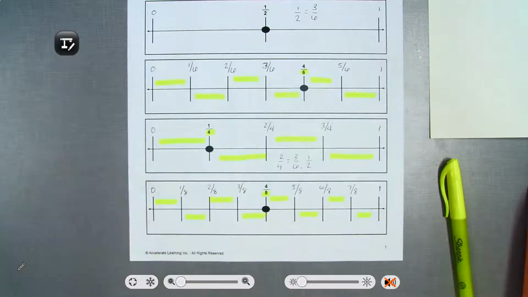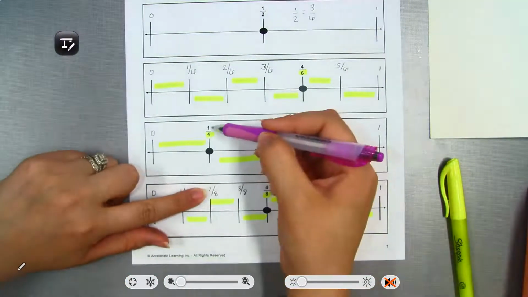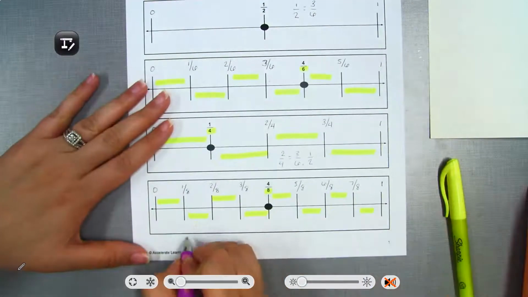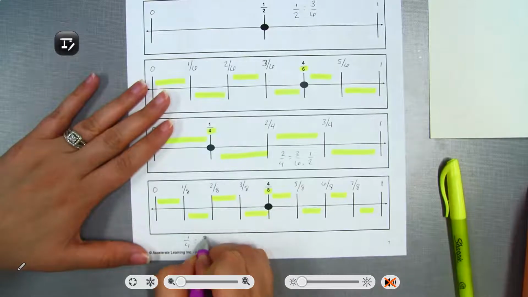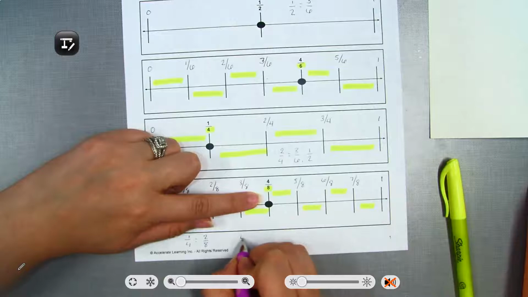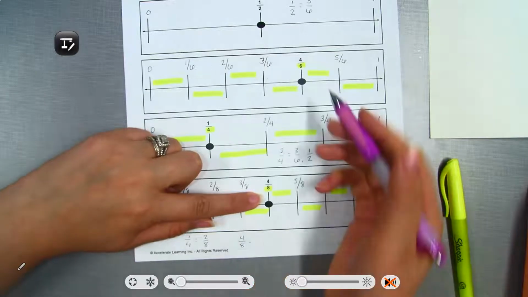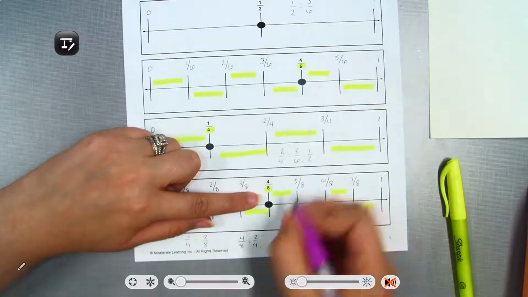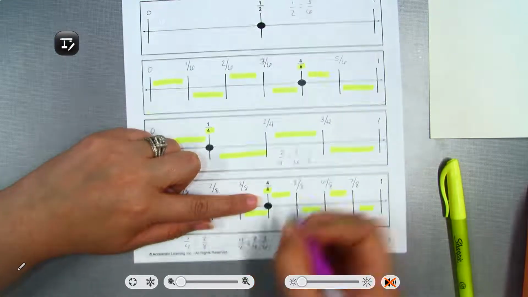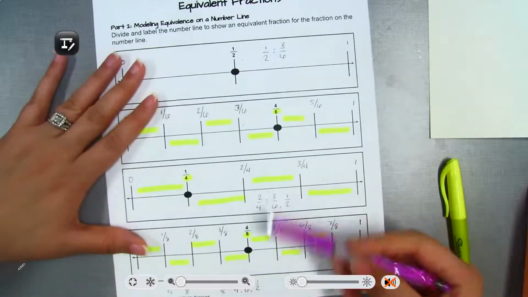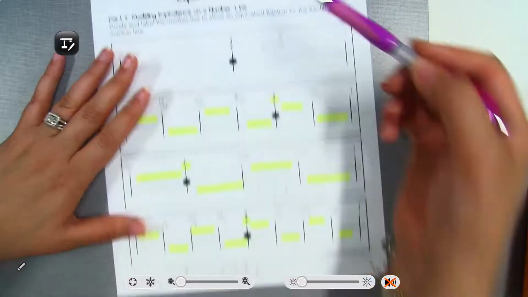So there are several ones on here. So 2/8 is equal to 1/4 because those line up. So 1/4 is equal to 2/8. I know that 4/8 is equal to 2/4, 3/6, and 1/2, because those lines all line up.